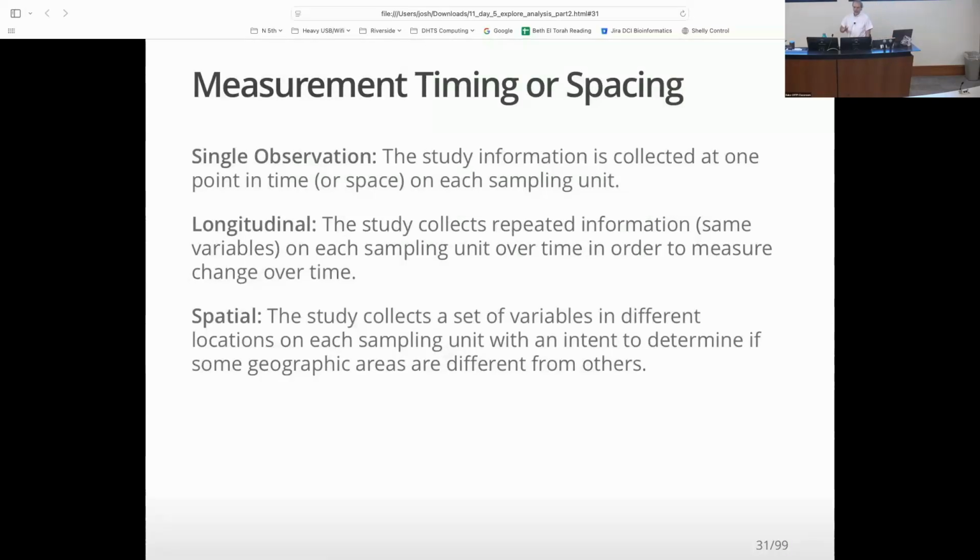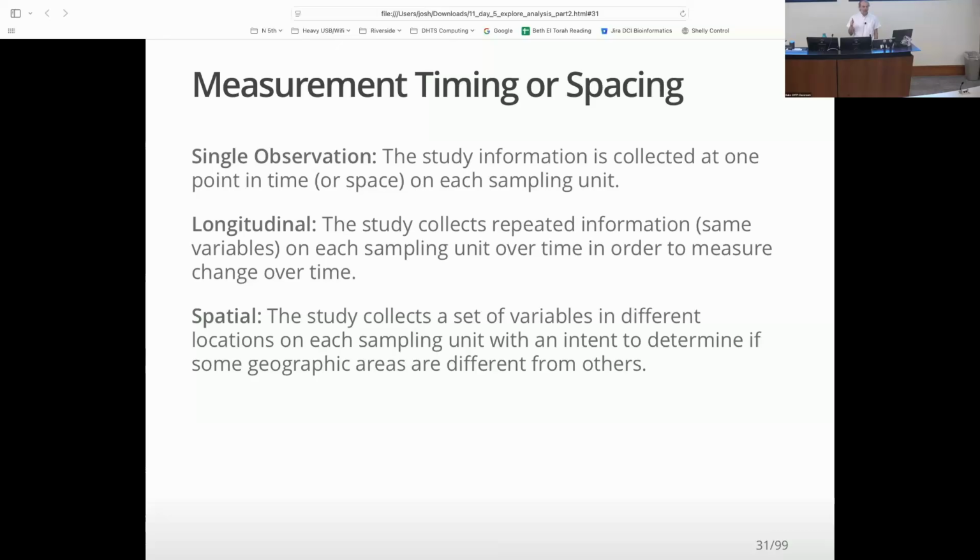Another characteristic of studies is the timing and spacing of measurements. One type of study is a single observation study, where you collect data on the sampling units, whether that is a person or a house or a cell or a dog.